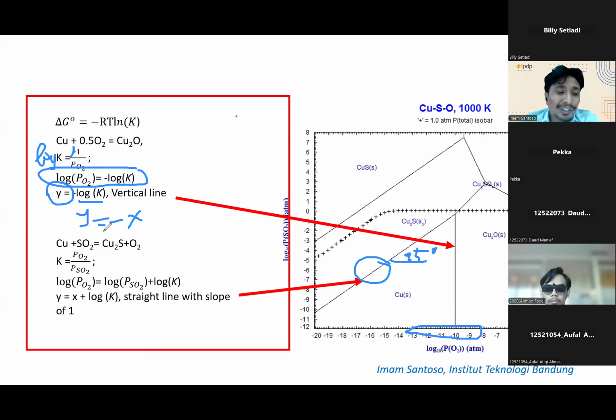No. I'm sorry. I have a mistake here. Okay. If we know Gibbs energy, then we know K, then the Y is equal to a value or constant. Okay, guys?